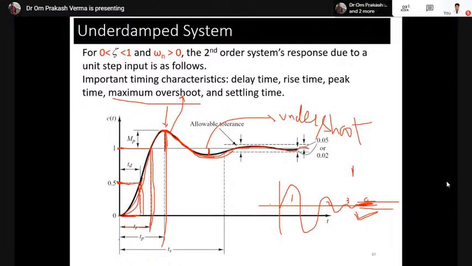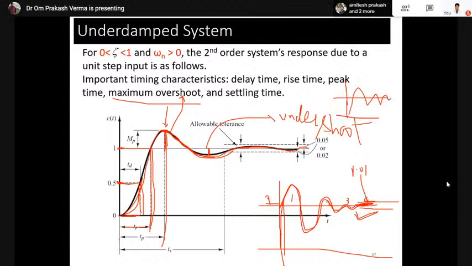Let's say one is your final set point, and we achieve a response like this one. Okay, and the final value is, let's say, 1.01. Or maybe this value is like this one: 1, 2, 3, and this is the 4.